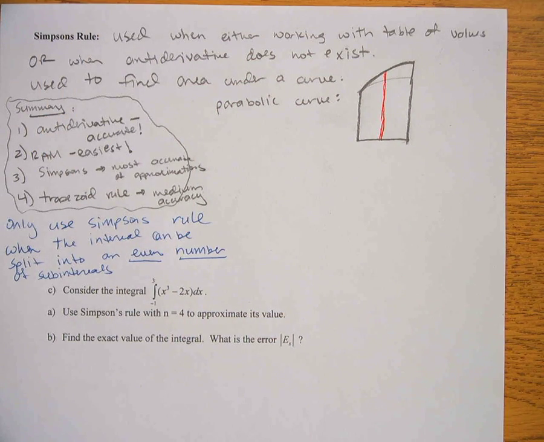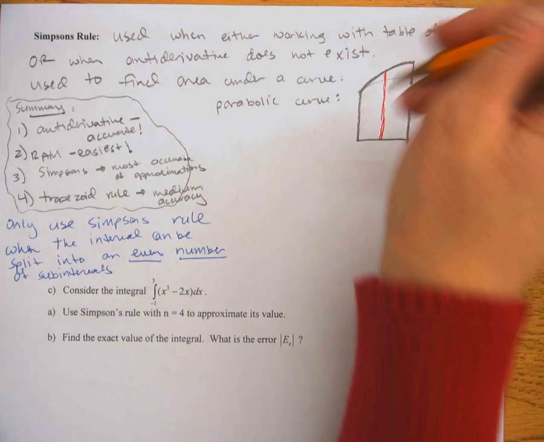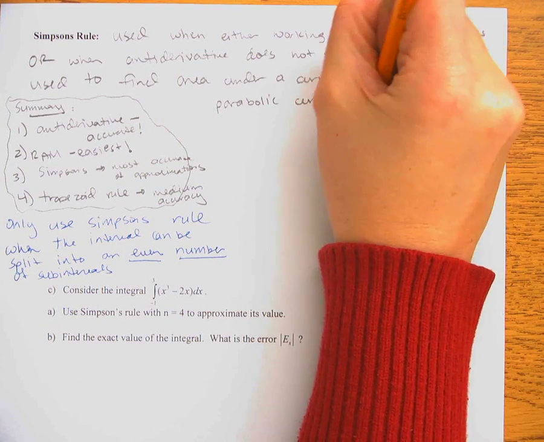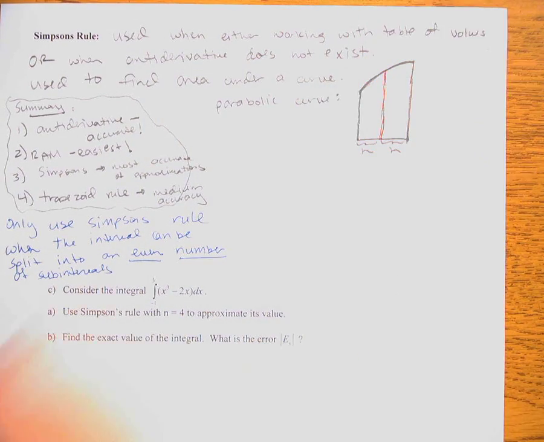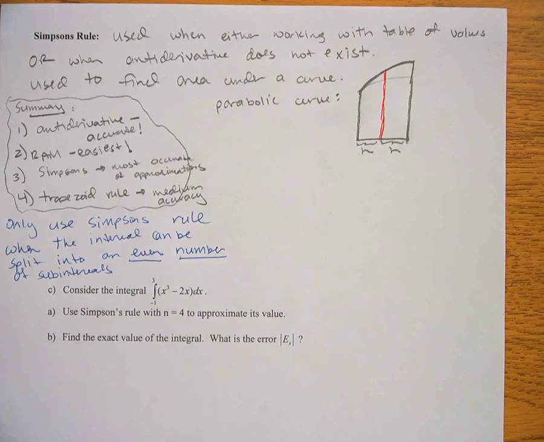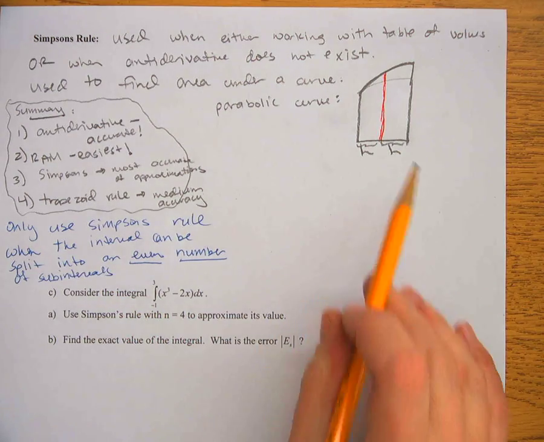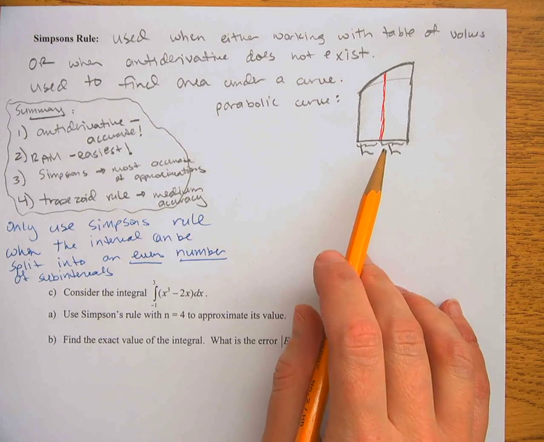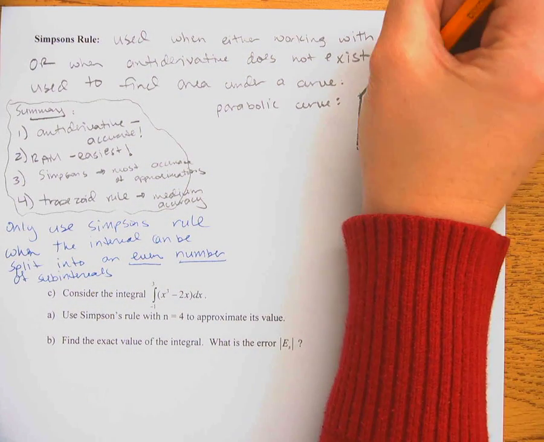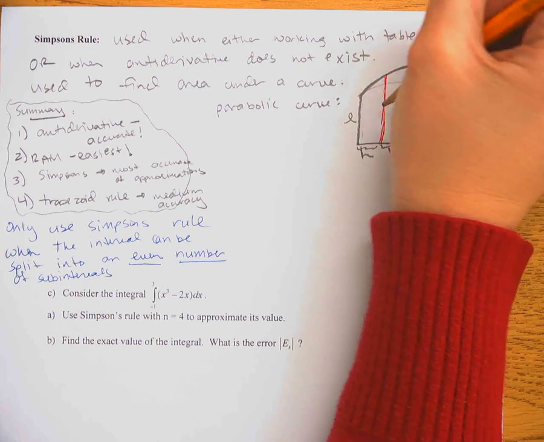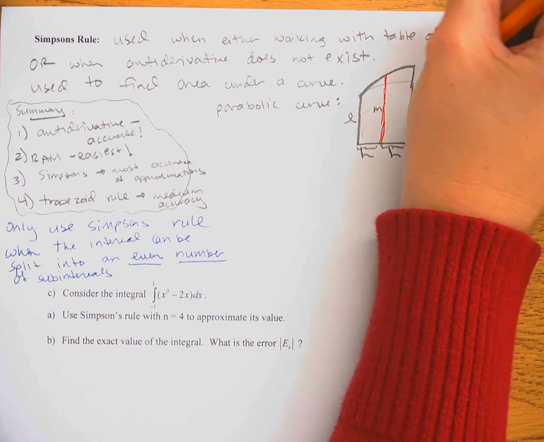Okay, so let's label some of the pieces here. We're going to call this half H, and since it was evenly split, the other half will also be H, similar to the trapezoid. The bottom part was considered the height, so to speak. We're going to call this L for left, M for middle, and R for right.